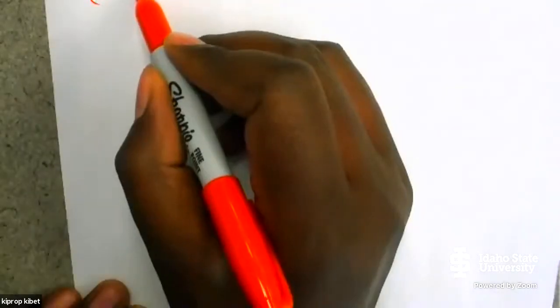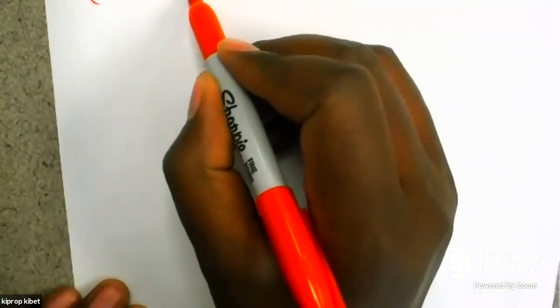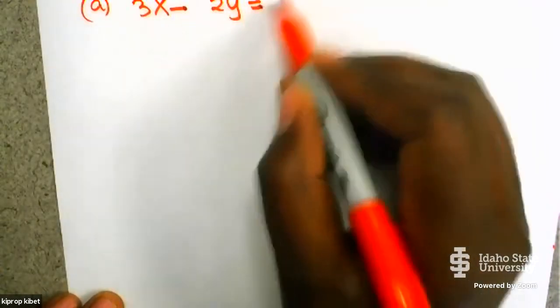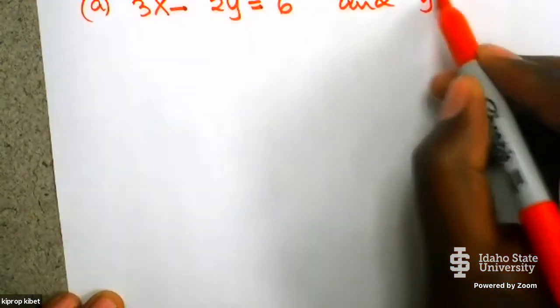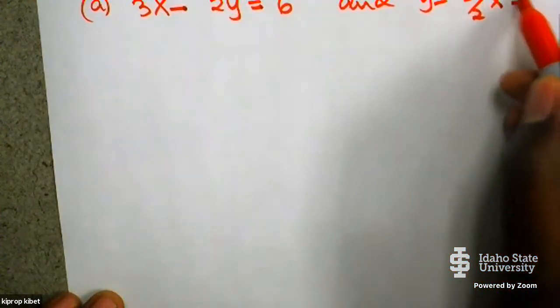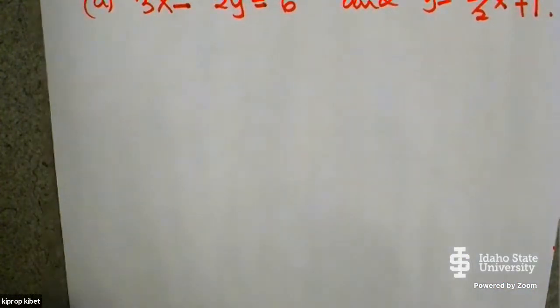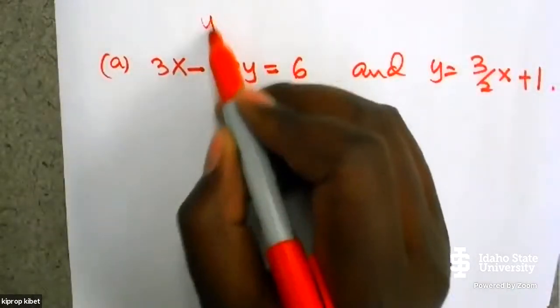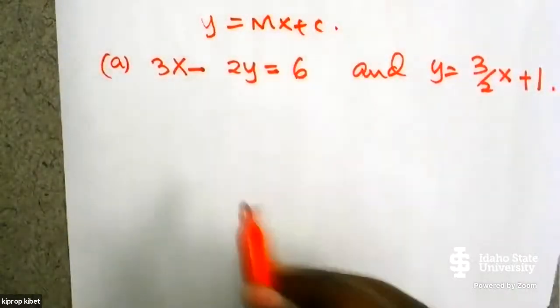So A, you have 3x minus 2y equals 6, and y equals 3 over 2x plus 1. So how can you know these lines are parallel? First of all, you write them in slope-intercept form, which is y equals mx plus c.